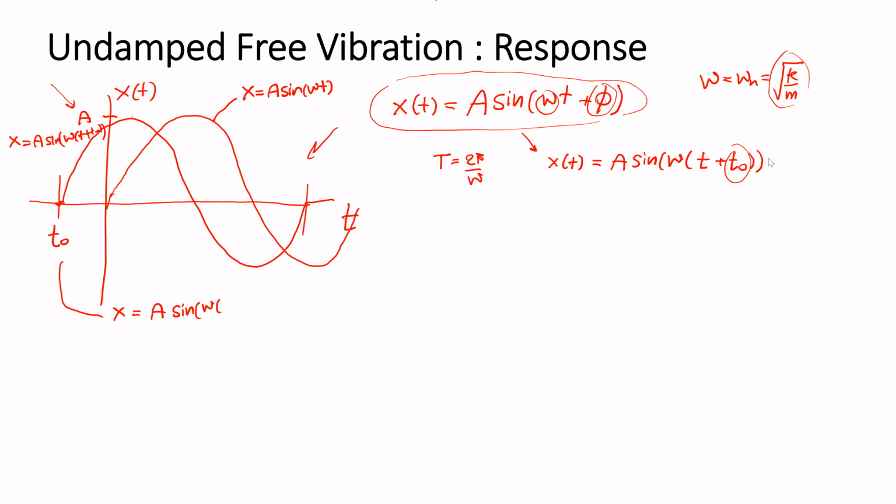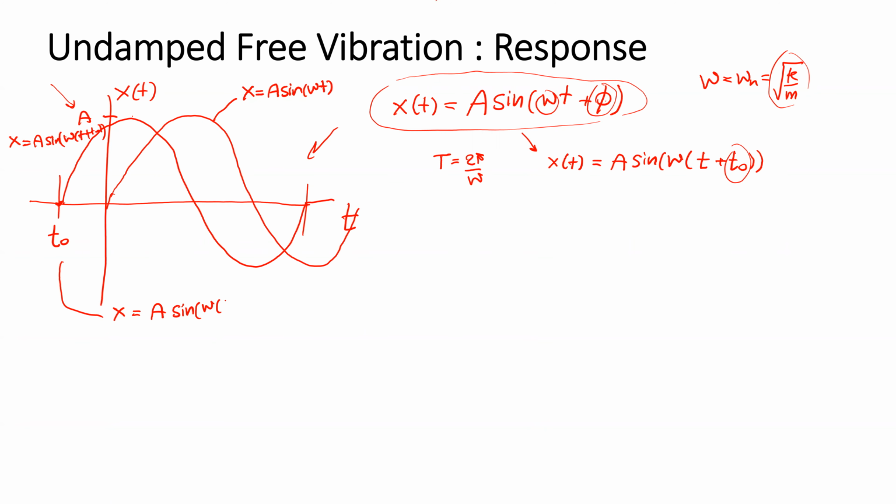Okay. The sine function with time shift. When time t is equal to 0, what is the value of this function? Equal to 0, right?